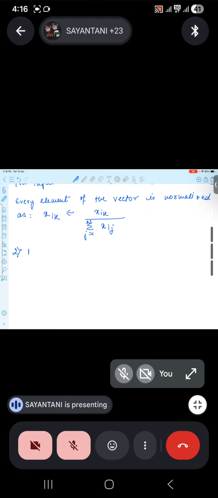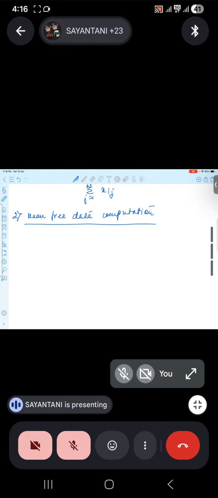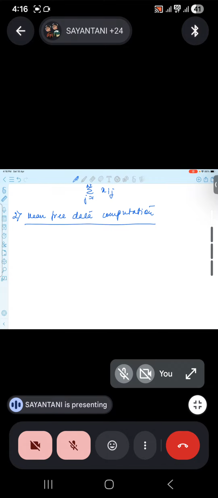Next, you have to go for mean free data computation. So for mean free data computation, we have studied that even earlier also, that we simply need to subtract the mean of each of the set of vectors from the individual elements.